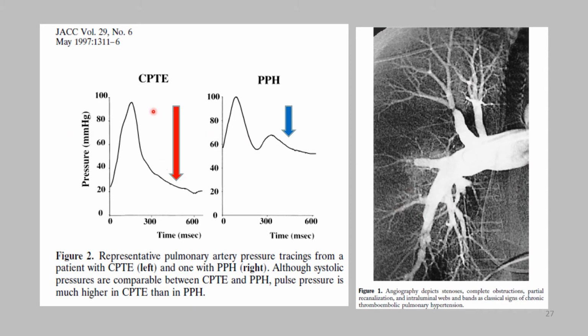Now, this important paper from 1997 from Nakayama described that when you have chronic thromboembolic pulmonary hypertension, just by getting a pressure curve in the pulmonary artery, you would have this wide pulse pressure, with systolic being high and diastolic being much lower. This would be the cardiac cycle, right? The EKG would be running here, which is time, and then your pressure curve in millimeters of mercury.